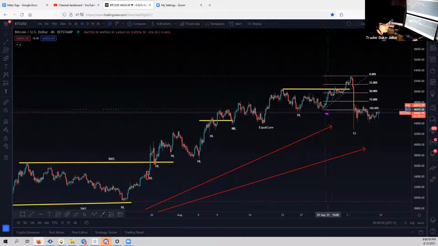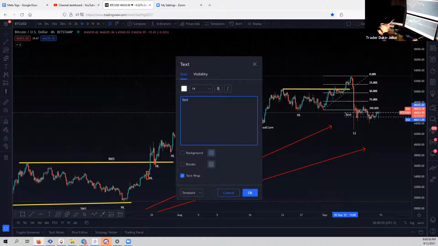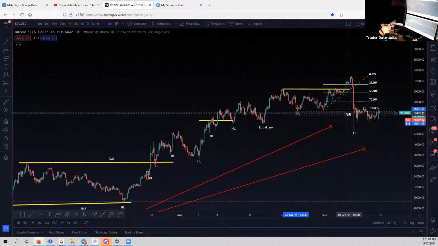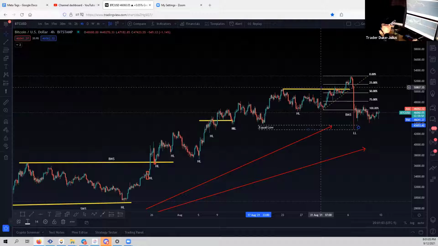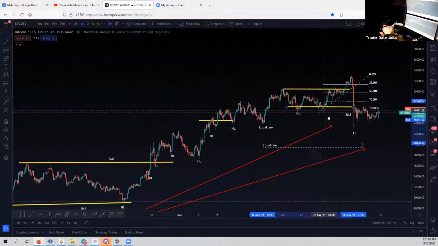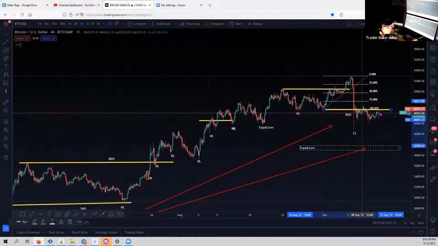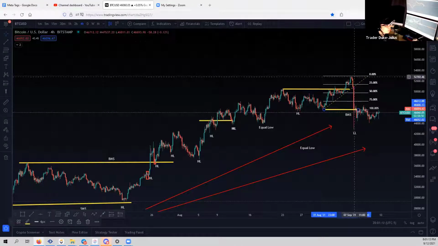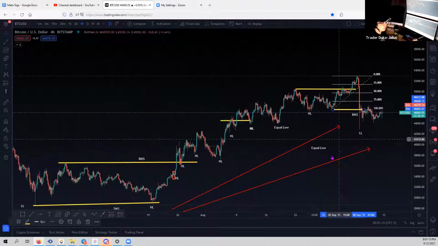And on the 4-hour chart, since we BMS'd, I need to change this. We just BMS'd this. Okay. We broke this market structure right here with this strong impulse move to the downside.